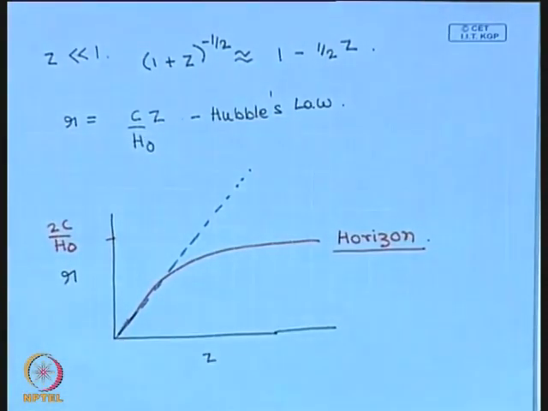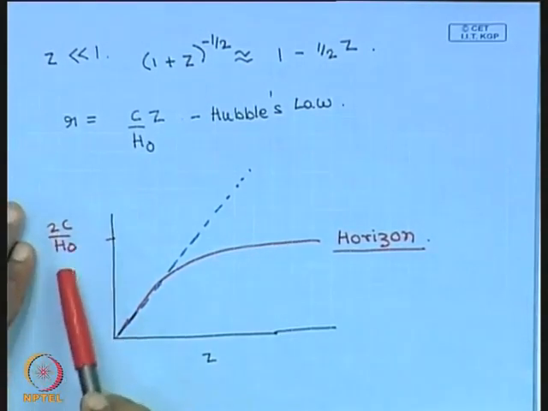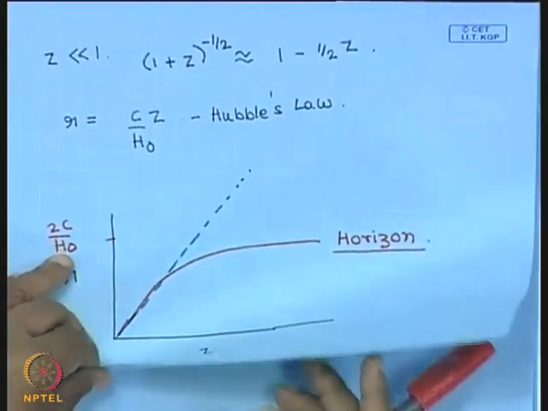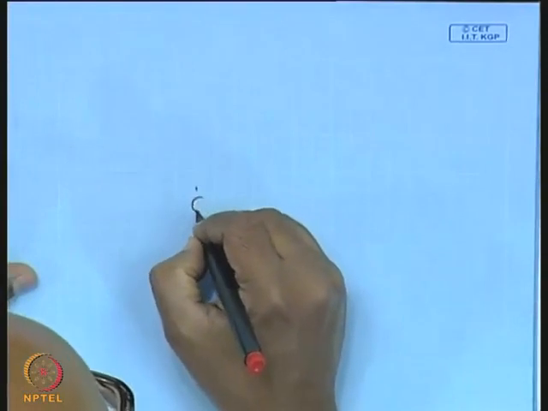Okay, that is my horizon now. My horizon now in this cosmological model is 2c by h naught. A photon, so this is the furthest co-moving distance I can see. I am the observer over here.